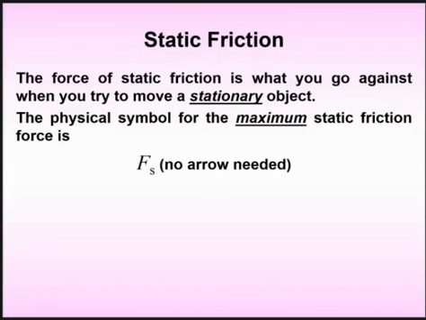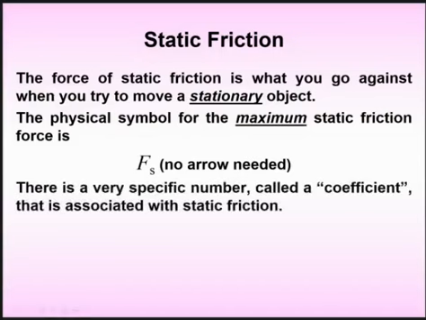Why again is there no arrow needed? Yes, thank you. Because you're always going to give me a direction, like gravity, you're always going to tell me which way it goes. I don't need an arrow. All right. So everyone, this is going to be a big part of next week's lab. Whenever you deal with any kind of friction, which is also very important in first year physics, there is a specific number called a what?